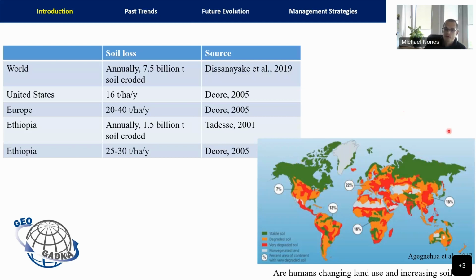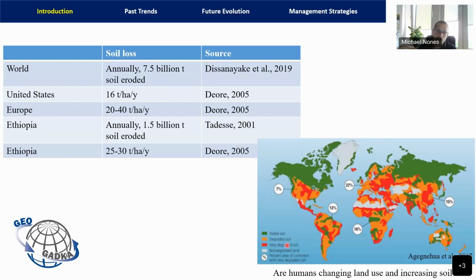In this specific project, we are not looking at the entire world. We are focusing on Ethiopia, which is here, and it's Motuma's country, and it's a country highly affected by soil erosion. As you can see here, there are various studies in Ethiopia. Generally, around 1.5 billion tons of soil are eroded per year, which means around 25 to 30 tons per hectare per year.